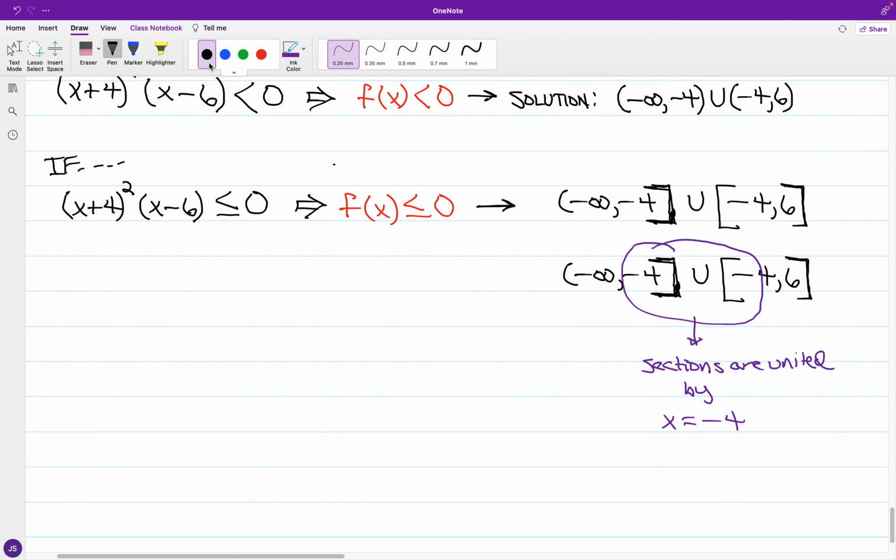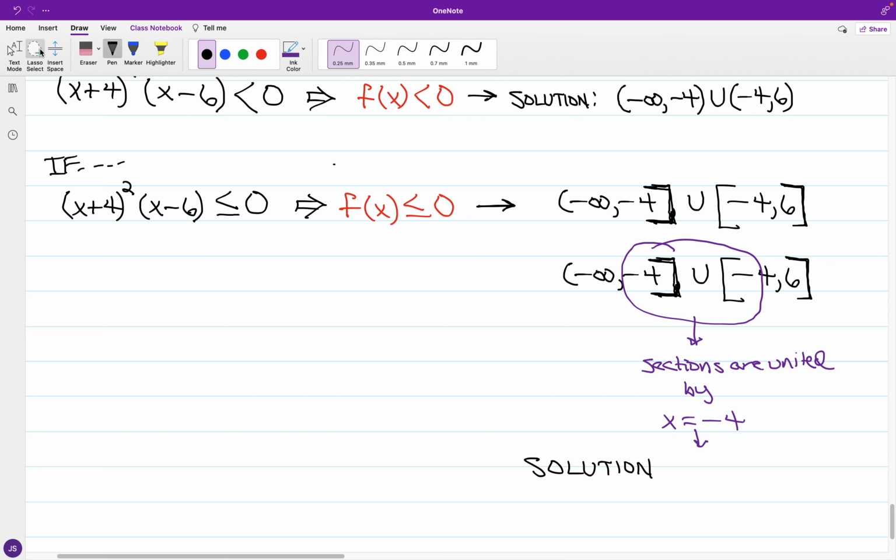So for the solution, since you have both of these sections united by x equal to -4, these end pieces will become consolidated.